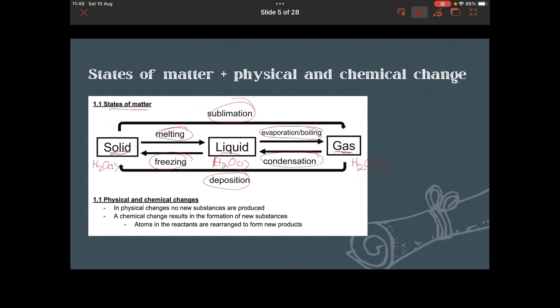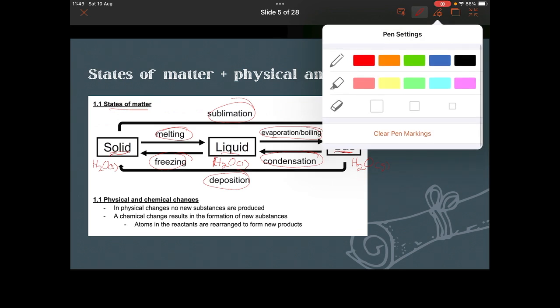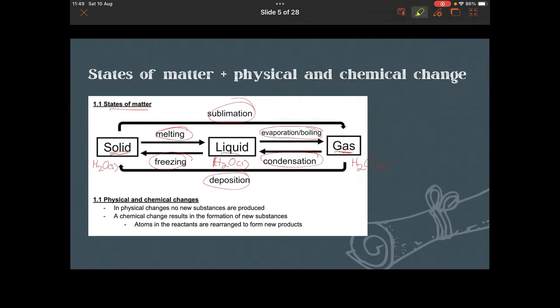So these are all, in this example where I'm talking about water, physical changes. So in physical changes, there's no new substances being produced. In this example, we are changing the state of matter of water, but we are not making any chemical change to it. It's just H2O at the end of the day, but as a liquid or a solid or a gas, but it's still just H2O.